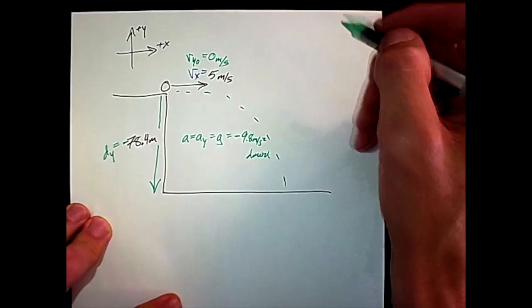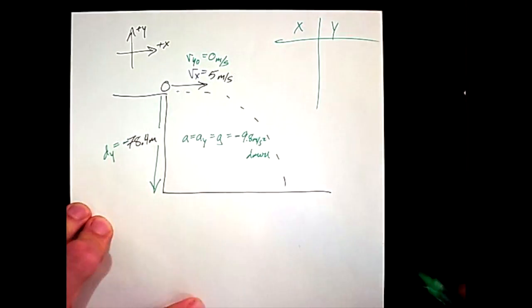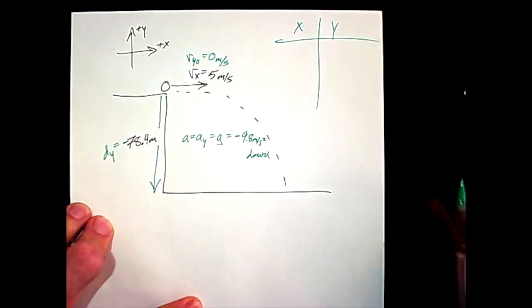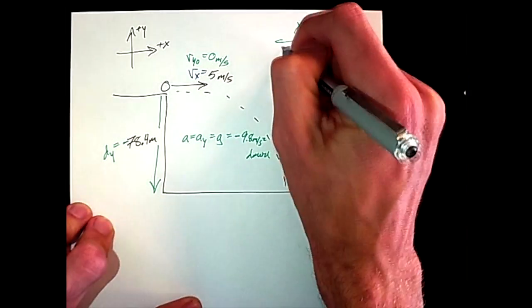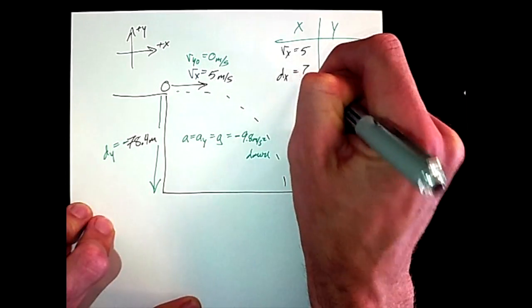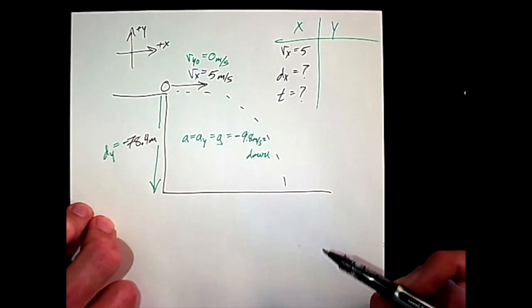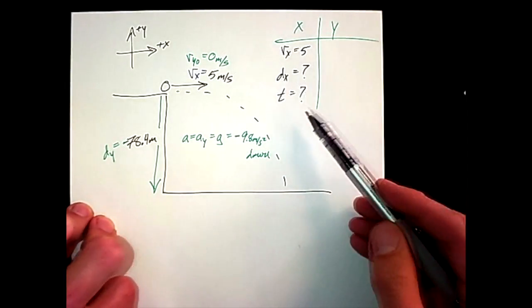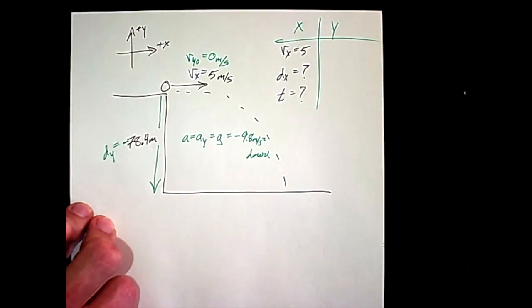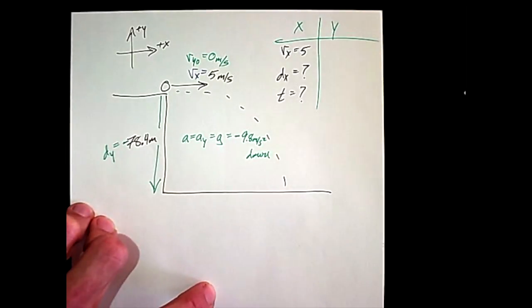All right, so go to our list of variables. Vx is 5. Dx is unknown. T is unknown. It should be obvious that I can't do much with the horizontal because I have 2 unknowns and only 1 variable. That doesn't help me much of anything. But that is the extent of the variables in the x direction.